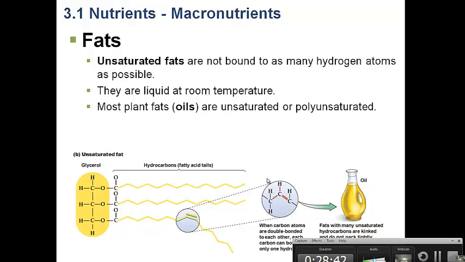You ask yourself the question, how many partners can carbon form a bond with? And of course, if you think back through the electrons, which you should do as you prepare for this exam that you'll be taking later in the week, then you will remember that carbon has an atomic number of 6, which means that it has 6 protons and therefore 6 electrons.